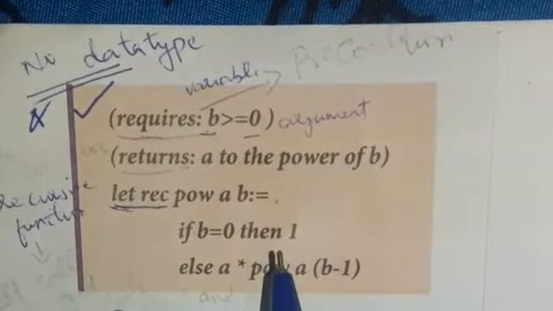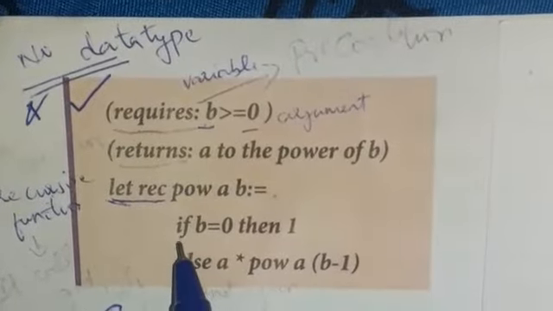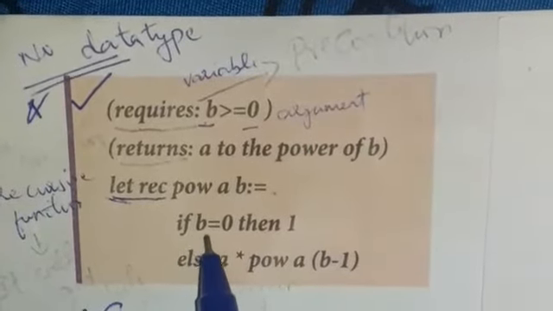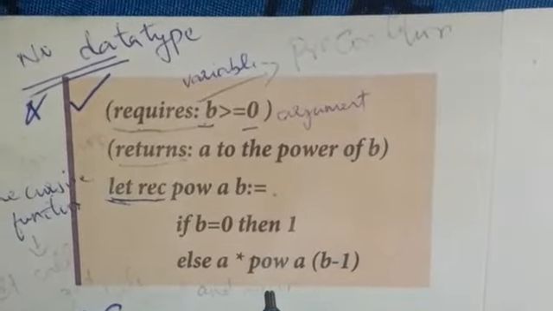But by default, the condition is given as if B is equal to 0, then 1. Here the values used are integer values, so it will assign the data type as integer and produce the answer in the form of an integer. This is parameter without type.